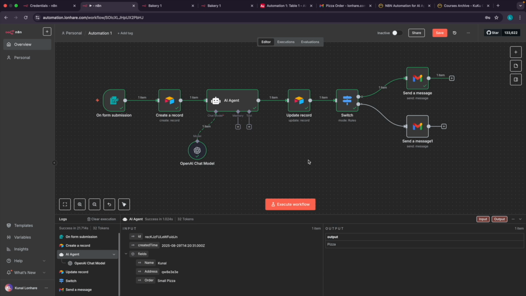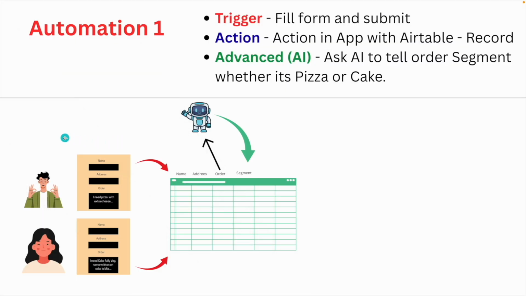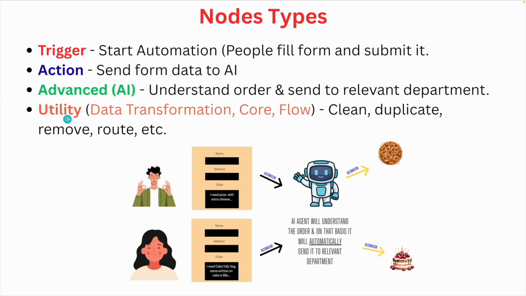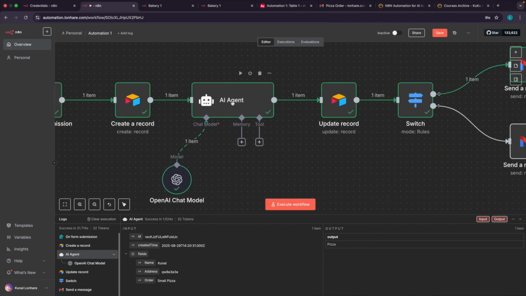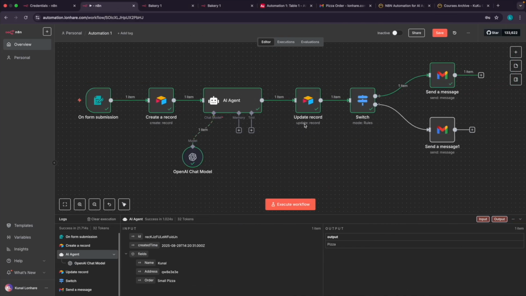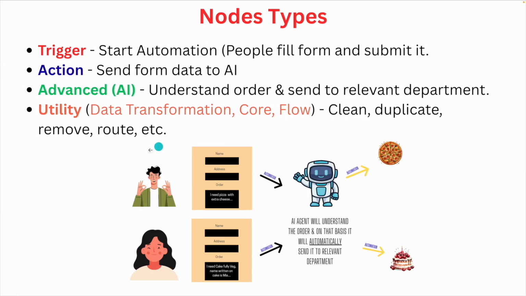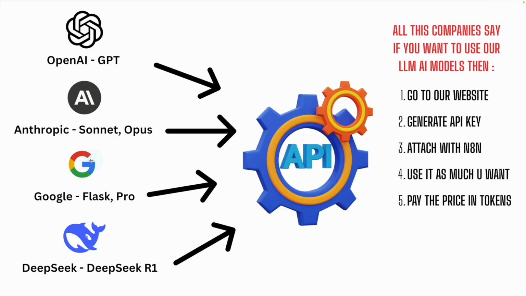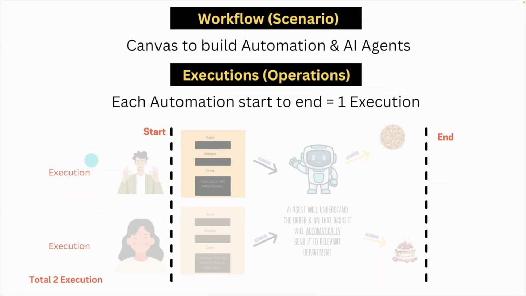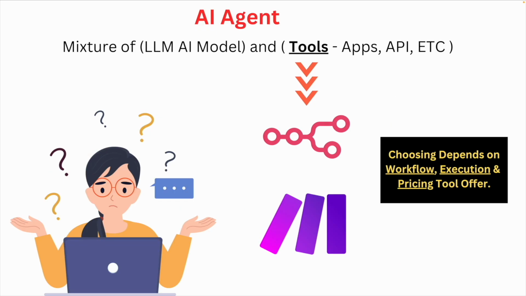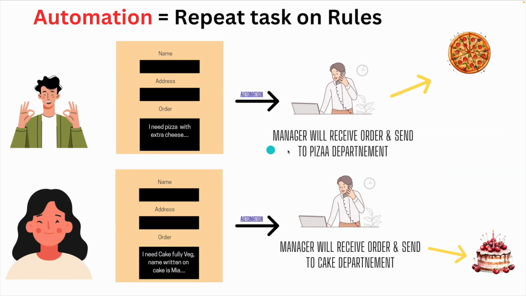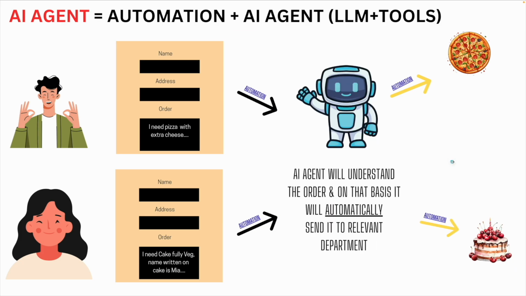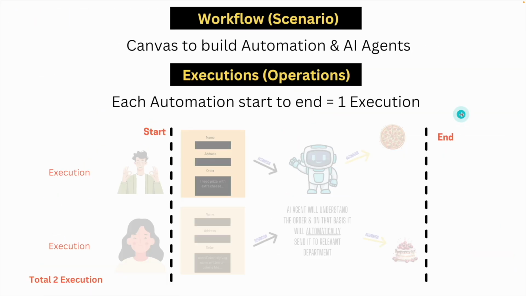Okay, so that's it. And one more thing, that throughout the time, you see that we have created a complete AI agent with automation together. So while learning, from starting to end, from what is an AI agent to what is automation, I have taught you step by step in the easiest way.